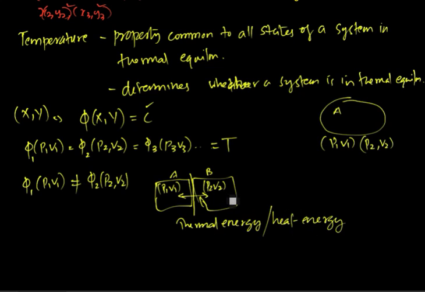So now we can conclude that heat flows from a higher numerical value of the function to the lower value. That is, the numerical value is nothing but the temperature. If Ta is greater than Tb, the temperature of the system A is greater than the temperature of the system B, then there is a flow of heat energy from the system A to the system B.